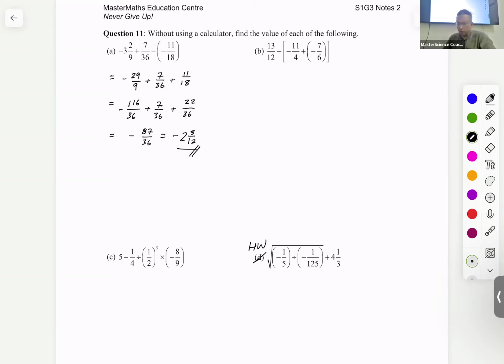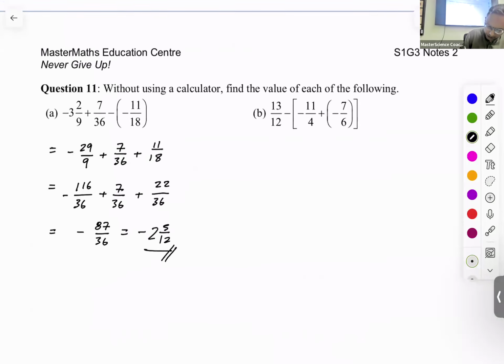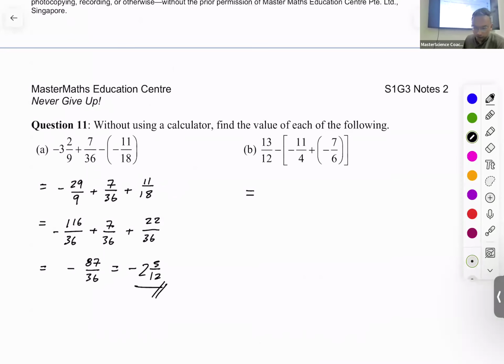Okay, come, let's go through B first. For B, we can probably tell that we need to change the denominators to 12. So we have 13 over 12 that can remain as 13 over 12 minus, let's work out the bracket first.